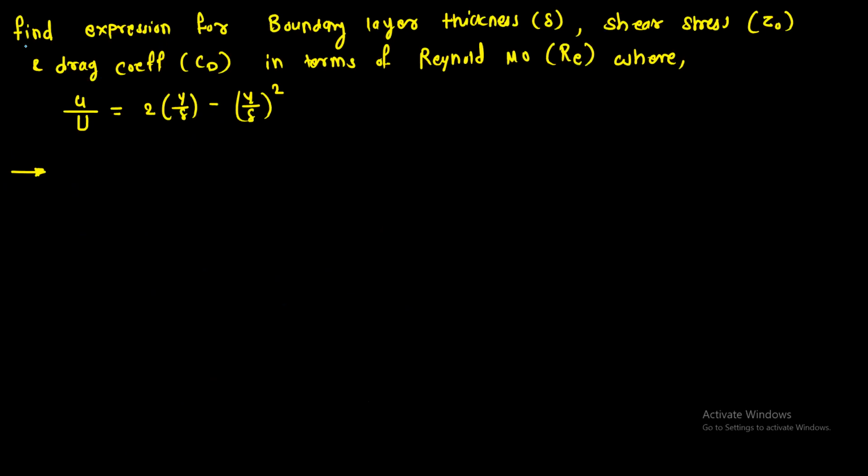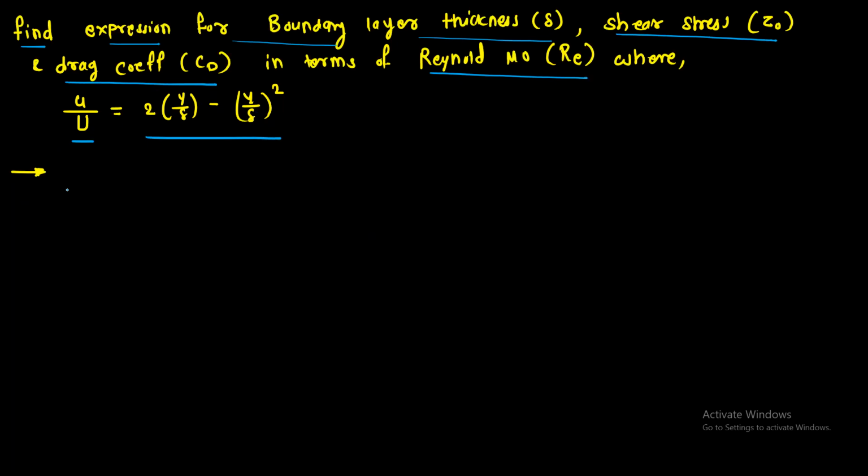So here the question is: find an expression for boundary layer thickness, which is the delta, shear stress tau 0, and the drag coefficient CD in terms of Reynolds number Re. And one equation is given, u upon U is equal to 2 into bracket y by delta minus y by delta square.